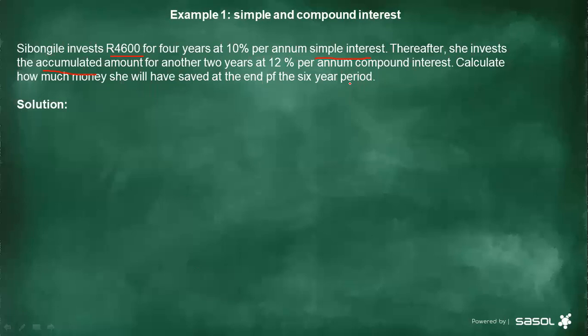Then we continue with that amount for the next 2 years, but now the interest changes to 12% per annum compound interest. And then let's see how we calculate that.